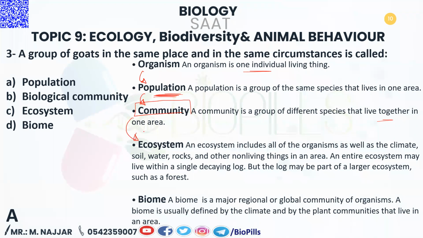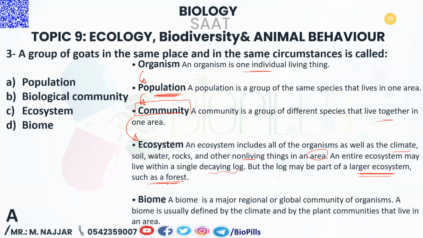An ecosystem includes all of the organisms as well as the abiotic factors we just mentioned: the climate, the soil, the water, the rocks, temperature, and all of the other non-living factors in an area. An entire ecosystem may live within a single decaying log, but the log may be part of a larger ecosystem, such as a forest, for example.